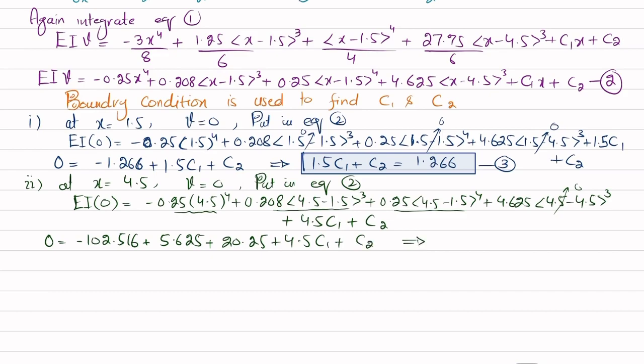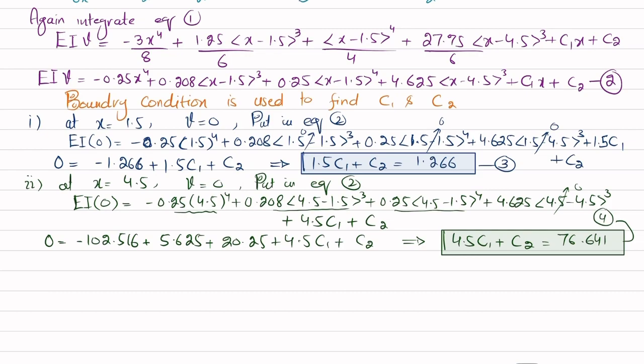So from here you will get 4.5 C1 plus C2 will be equal to 76.641. Let this be your equation number 4.